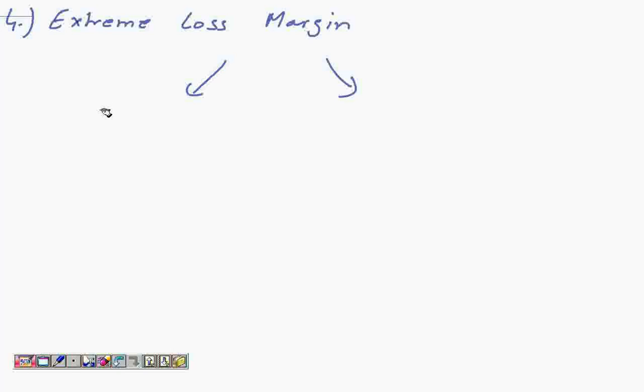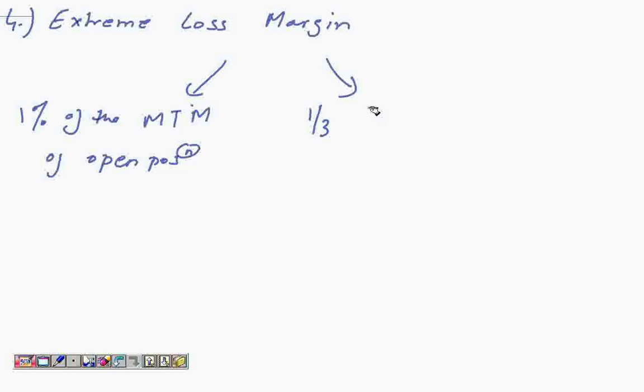One, I'm talking of a normal open position: 1% of the MTM of the open position. And the other, because this is the normal open position, can be of a calendar spread. In case of a calendar spread, it is 1/3 MTM value of the far month contract.